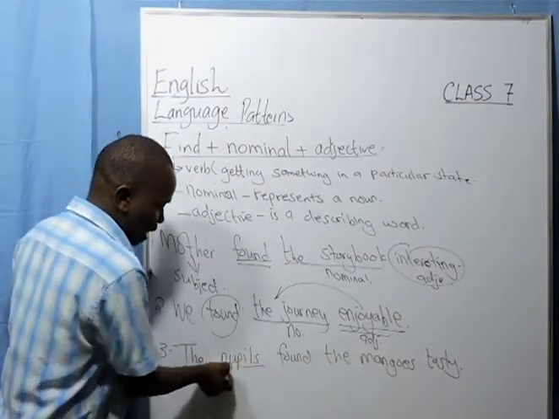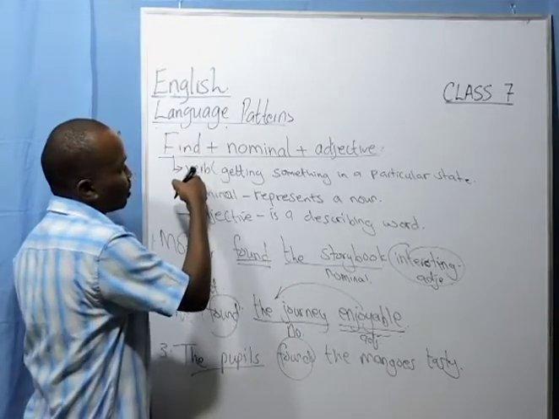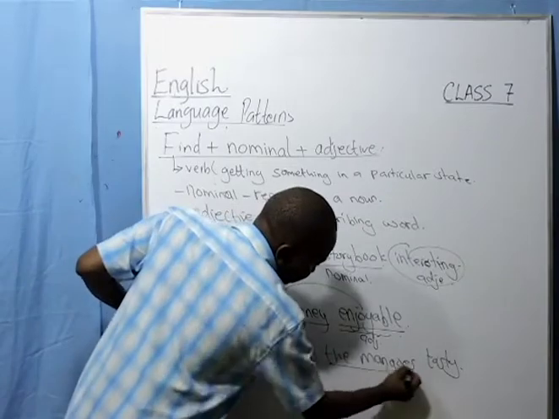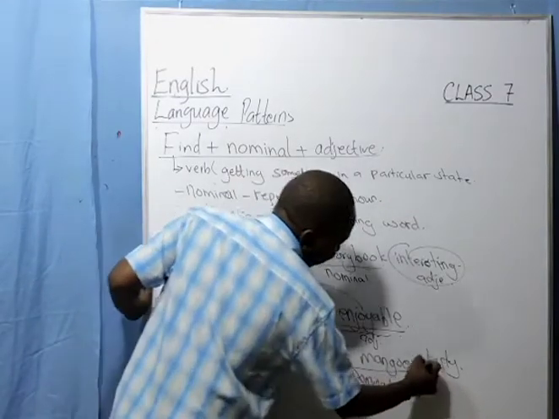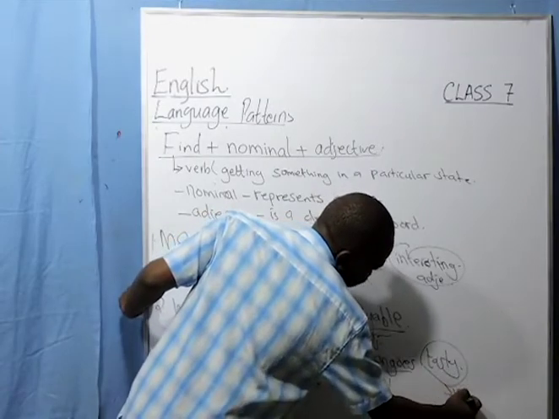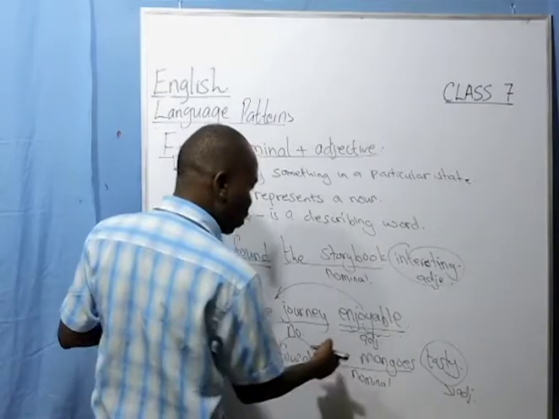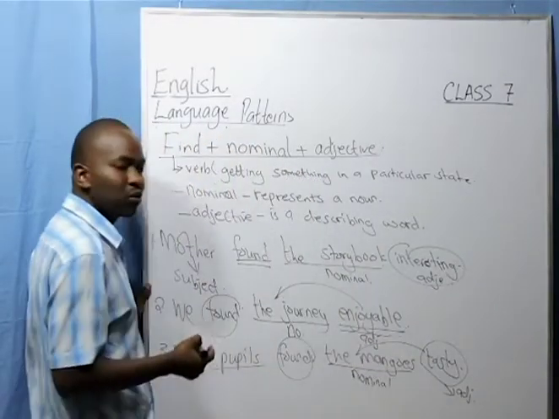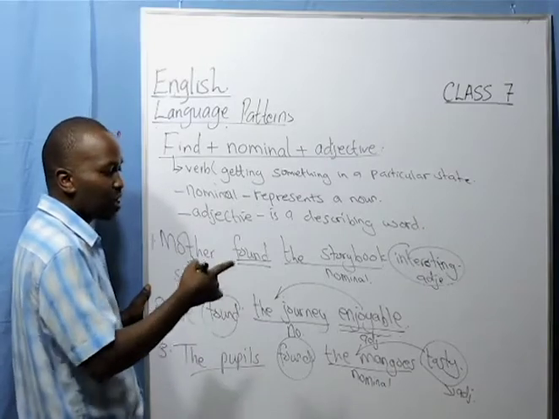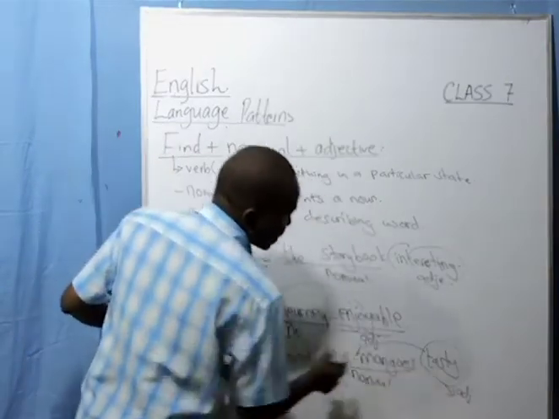The pupils is the subject, found is the verb that you're talking about, the mangoes, nominal. Then we have the word tasty. The word tasty is an adjective describing the mangoes. So we can say tasty mangoes. Mangoes were tasty. The tasty mangoes were eaten by the pupils. So the word tasty is an adjective.